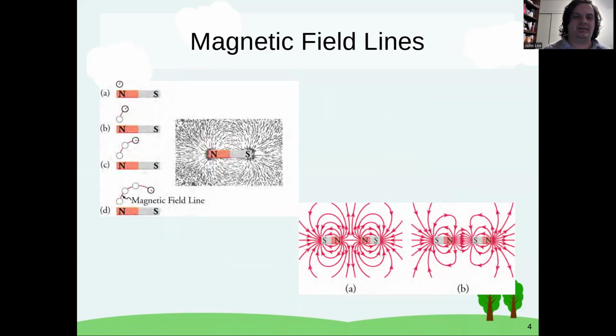But the main way that you see it is if you get a bunch of iron filings, like you see on the upper left-hand side, and throw them around a magnet, all the iron filings are going to align according to the magnetic field.